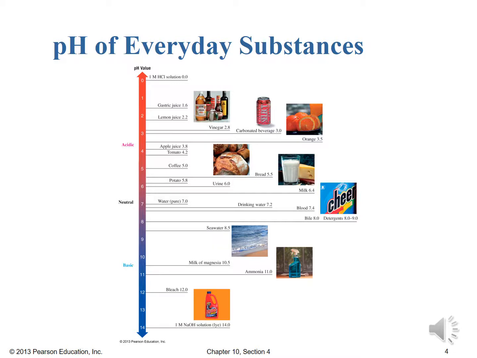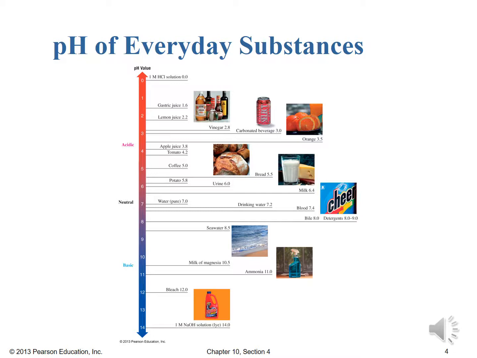Lemon juice itself, which we can consume, that's something people will put in various recipes, is pretty acidic at a pH of 2.2. Again, when we go up a pH value, we're decreasing our H3O+ concentration by 1/10 for every pH unit we increase. So this means that it's a fair deal less concentrated in H3O+ compared with that 1 molar HCl solution, but still quite a bit of H3O+ around.